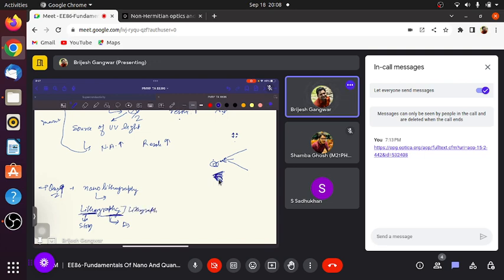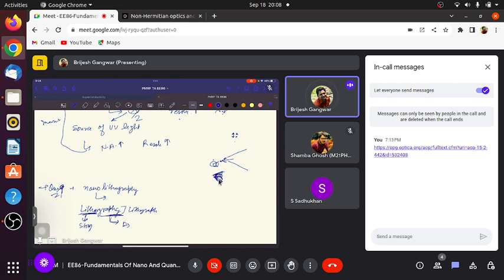Like the people who make idols, they also do lithography. Writing on the stone is called lithography.